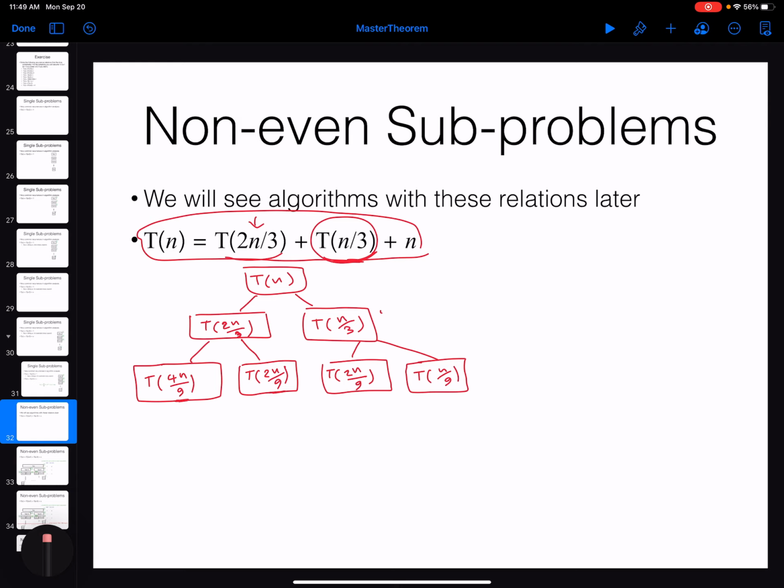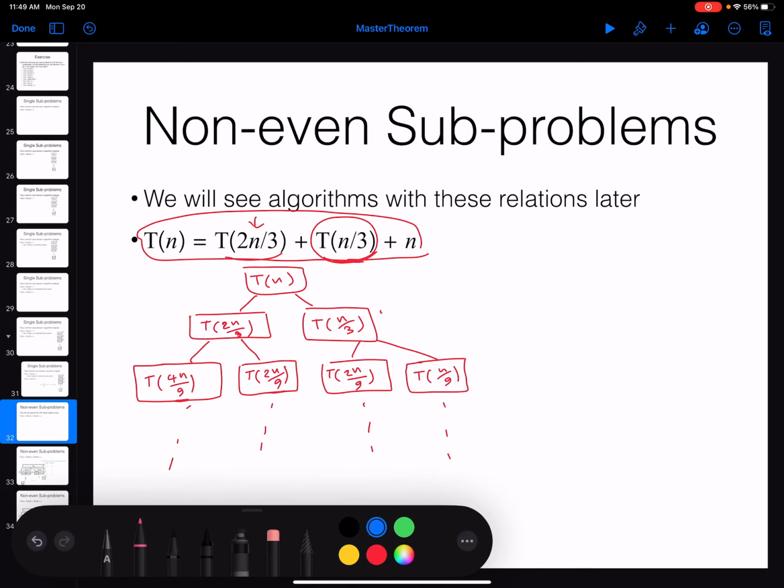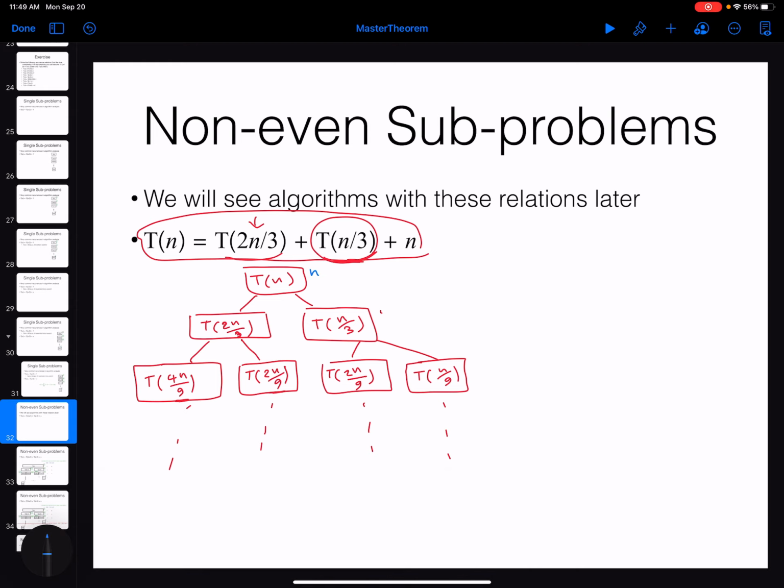You can continue developing the tree, but before I do that, I'm going to add the costs for each of the boxes. We are going to have this additional cost based on the size, right? So I have n, I have 2n divided by 3 here.